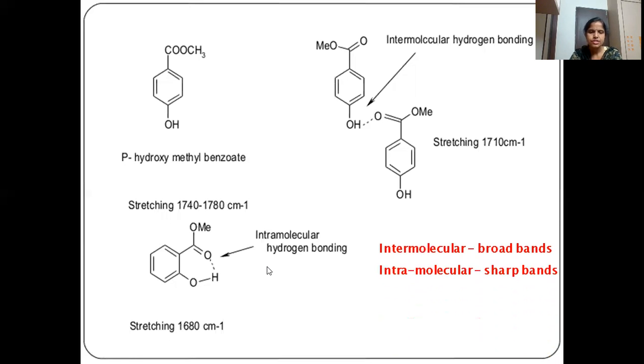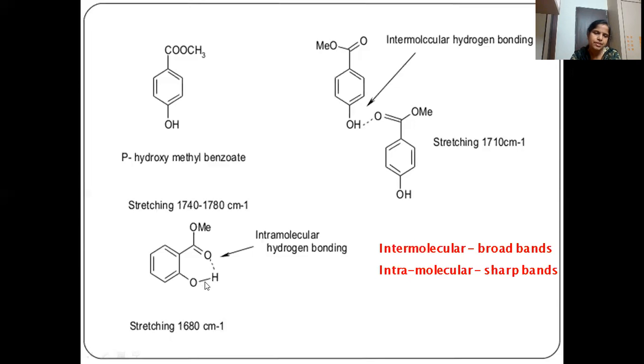Now, in such cases, there is one more difference where intermolecular hydrogen bonding will show broad bands, whereas intramolecular will show sharp bands. Because of intermolecular hydrogen bonding, the band will be a little bit broad, whereas for intra it is sharp. So what is happening when this hydrogen bonding is formed? For this OH stretching vibration, the bond length of this OH will increase because this oxygen is attracting this hydrogen towards itself.